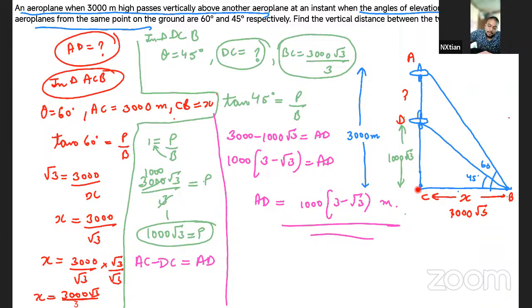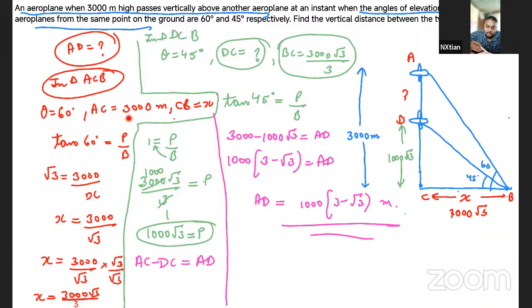So what I did, I first took this triangle ACB. In this ACB, what is theta? Theta is this 60 degrees. Yes or no? Everyone, I put the values. You also have to put the values. Because of this triangle I'm taking, the height is 3000 meters.